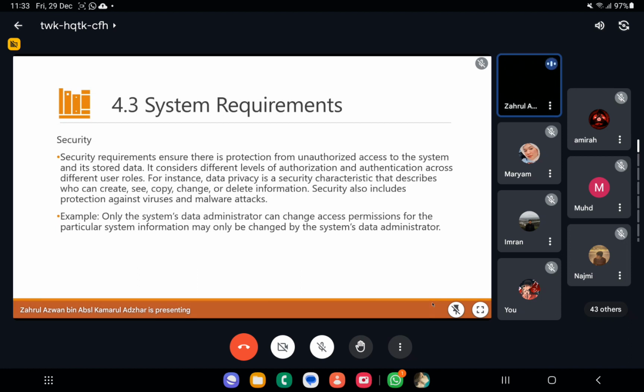So your questionnaires must be related mostly to your user requirement and system requirement, which means you have to put user requirement and then non-functional and functional requirement in the system. You have to ask them. So from that, you will justify in your systems, in your report, for example.